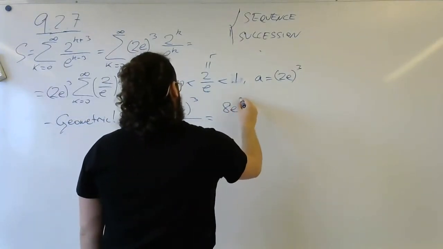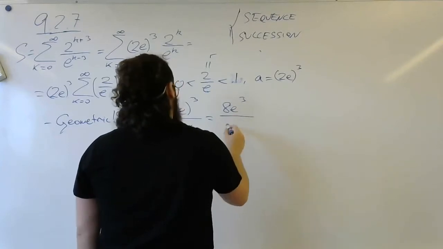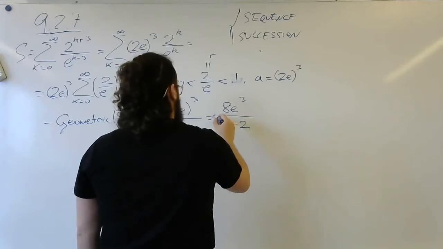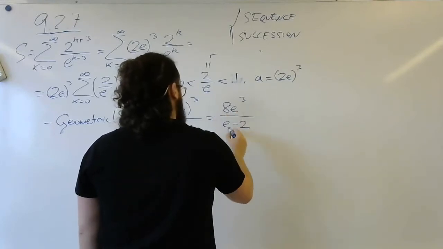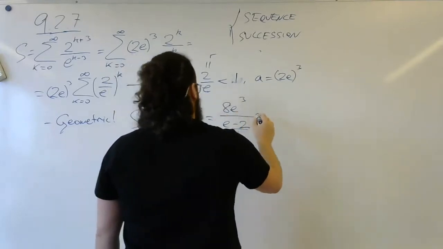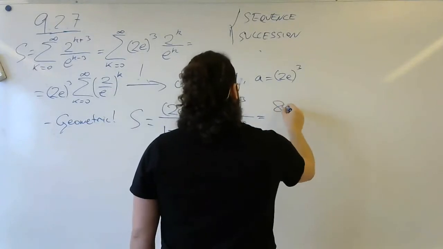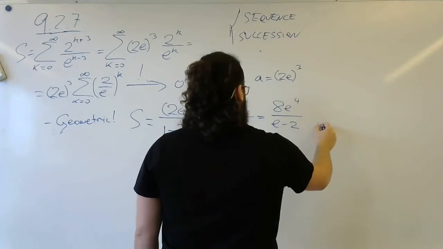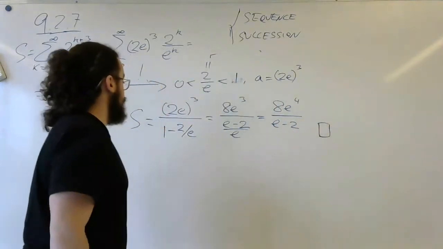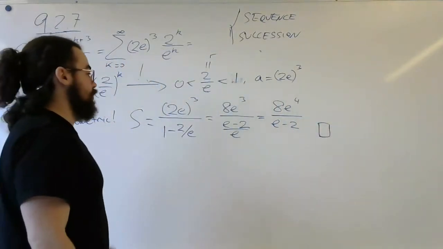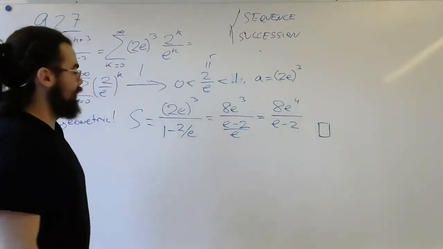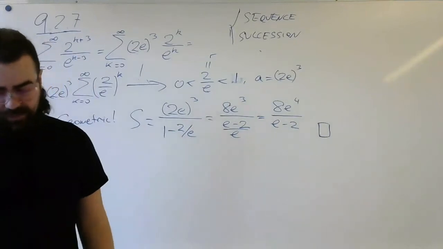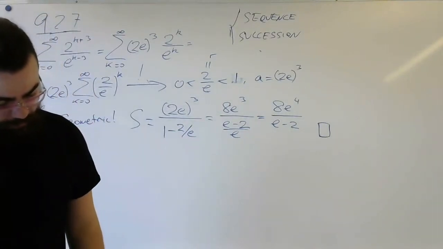This is e cubed. This is e minus 2. And this is divided by e, so this thing goes up. And this is e to the 4 over e minus 2. Okay, it doesn't look much better at all, so you can just choose it. But this is the case. This is more or less how it works.